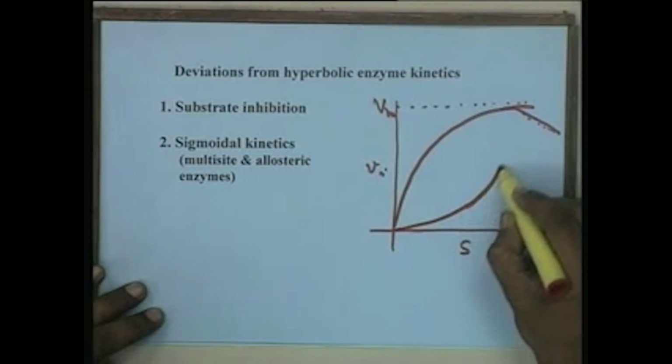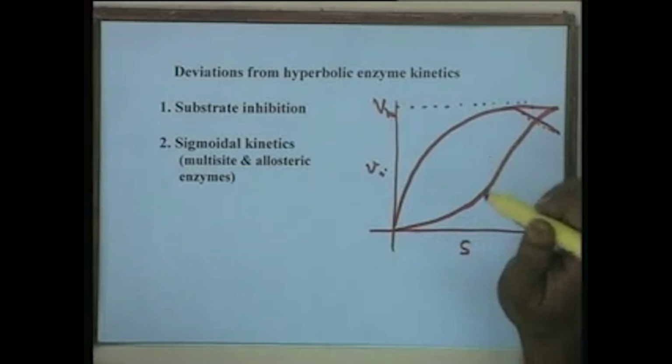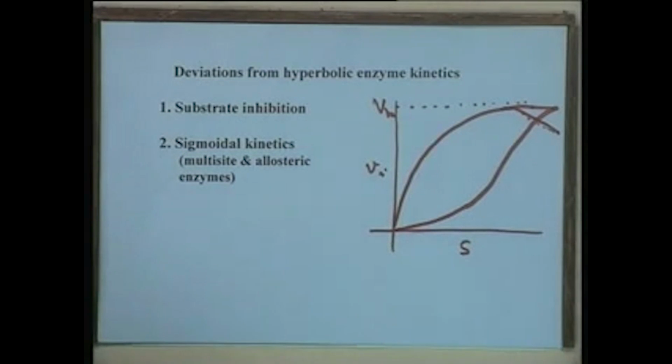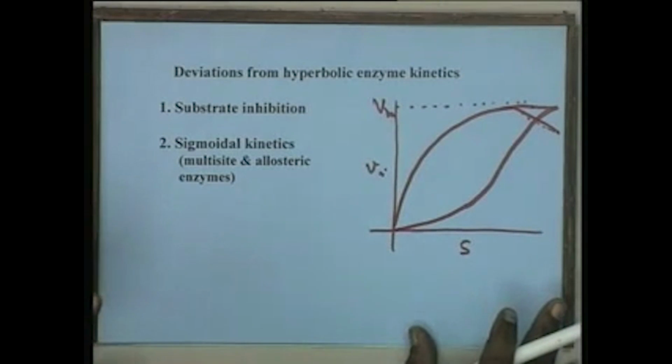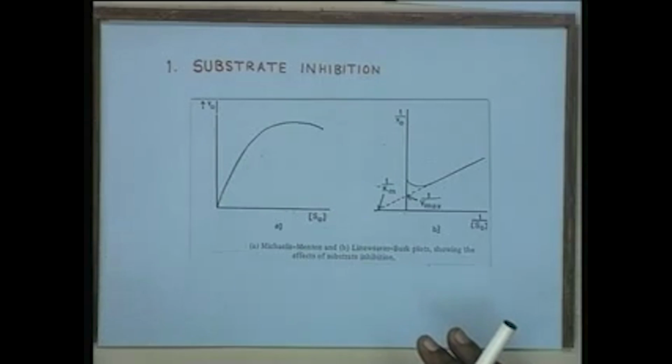Of course ultimately it can reach the same kind of saturation behavior, but the initial profile will be different. These two situations give you an idea that in some cases, and these are very important cases with a lot of physiological importance for the cell, enzymes are designed to deviate from hyperbolic kinetics, as we will see further.